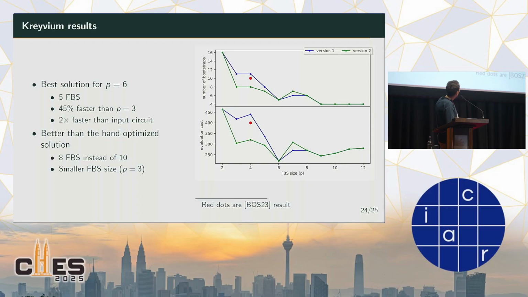And our heuristic found a solution with only 8 bootstraps, which in evaluation time gives a much better result, almost 50% faster than the 10-bootstrap solution.